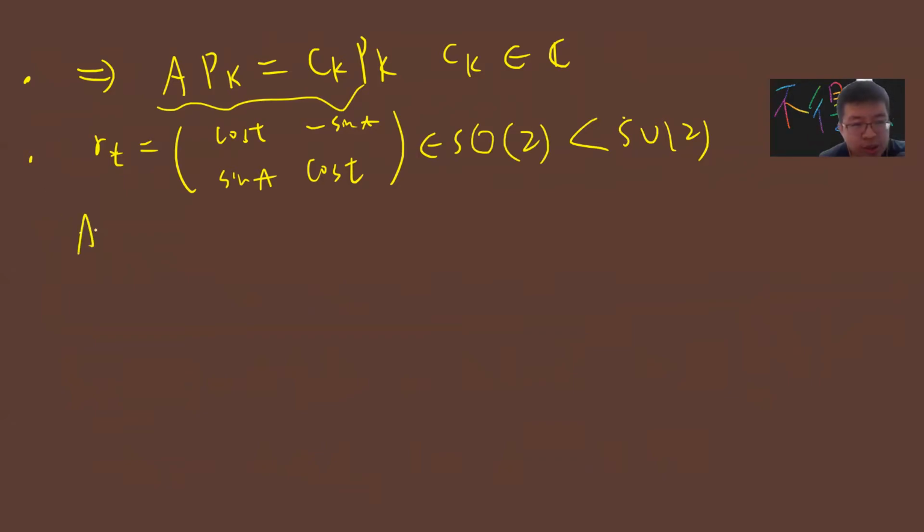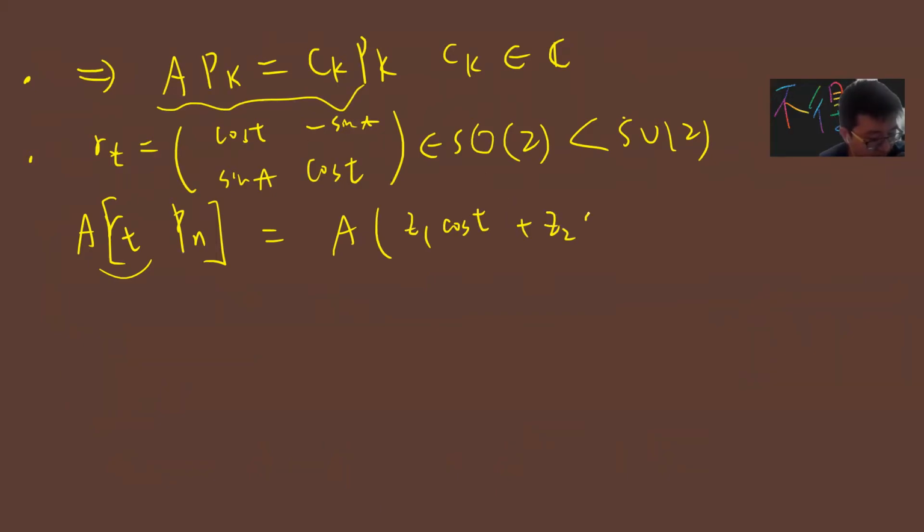Then you can check that by definition, A commutes with R_t, so A R_t P_n will be A times (z1 cosine t plus z2 sine t) to the power n.